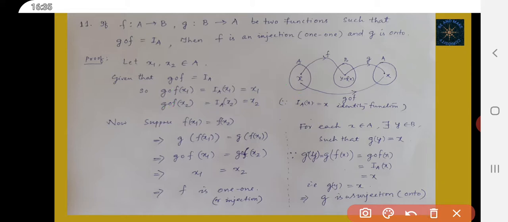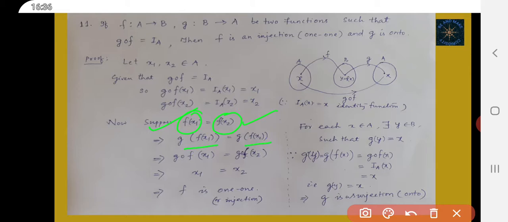Now we have to show that f is 1-1. f is 1-1 when? If we can show f of x1 is equal to f of x2 implies x1 is equal to x2, then we can say f is 1-1. So suppose f of x1 is equal to f of x2. As they are equal, you can write g of f of x1 equals g of f of x2.